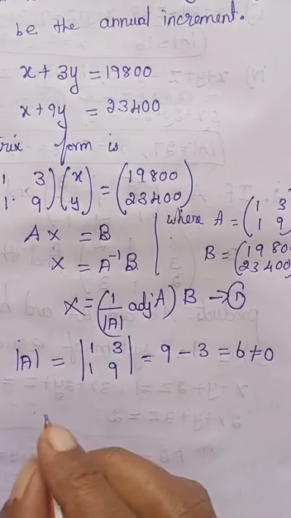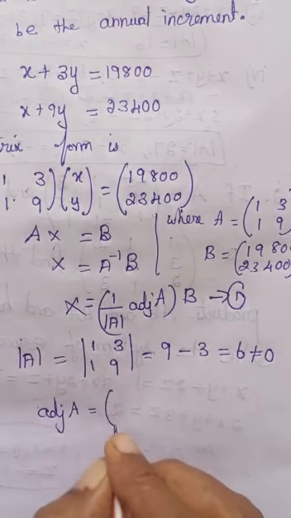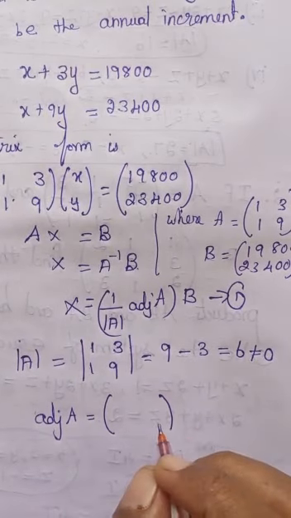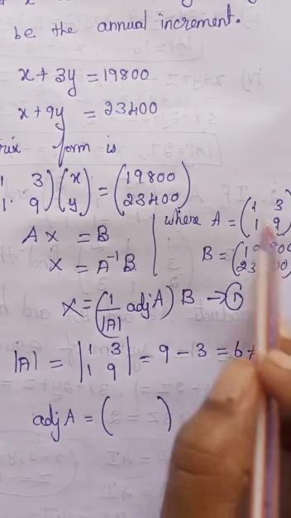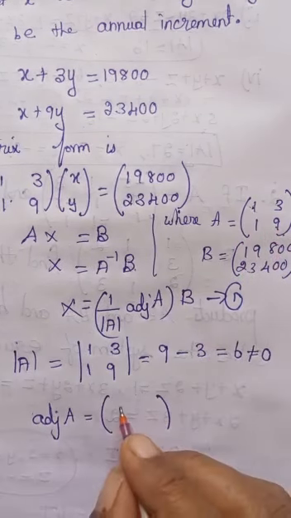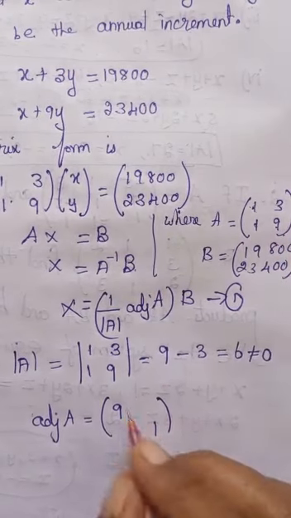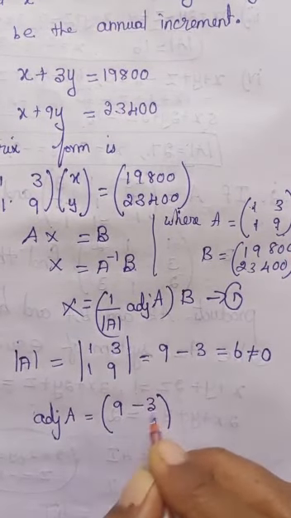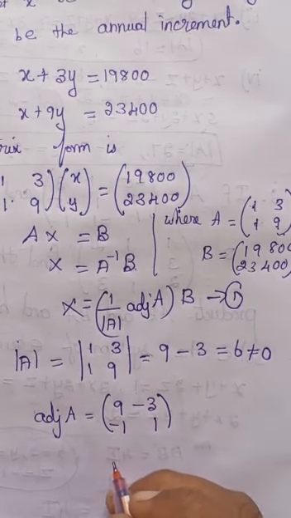Therefore, A inverse exists. So we can find adj A. For a 2 by 2 matrix, in A, interchange the main diagonal, so 9, 1. For the other diagonal, change the sign: plus 3 gives minus 3, plus 1 gives minus 1.